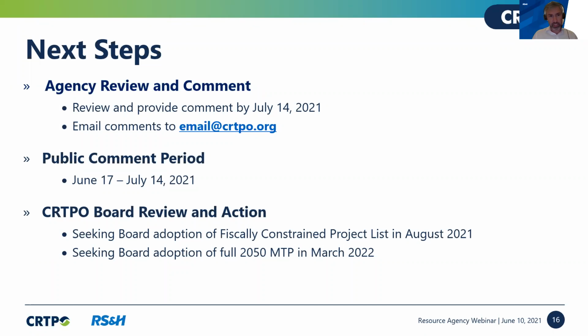But the way I understand the Atlas database, we would have to gather information project by project, which is a much more time-consuming process. I think I have that right, but Ford, if I said anything incorrect, please jump in. No, from my understanding, that sums it up. So maybe in the future, if it changes, we can continue to coordinate with NCDOT to see if it's available. But for this MTP, it wasn't feasible within the timeline that we had.